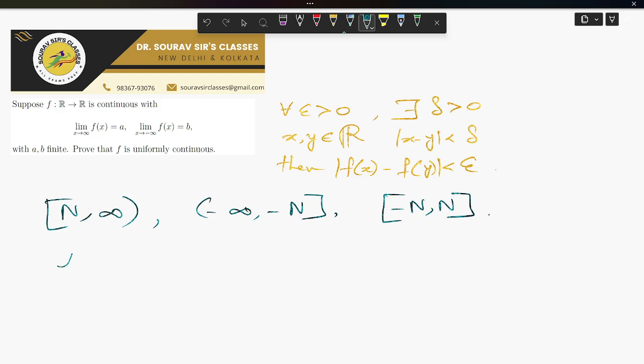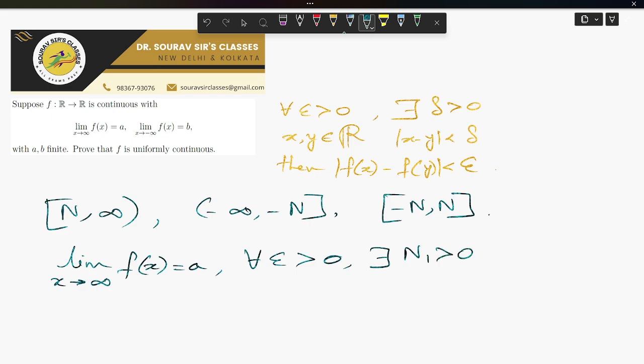Given limit as x tends to infinity of f(x) equals a, for any epsilon greater than 0, there exists n1 greater than 0 such that for x greater than or equal to n1, we get mod of f(x) minus a is less than epsilon by 2.